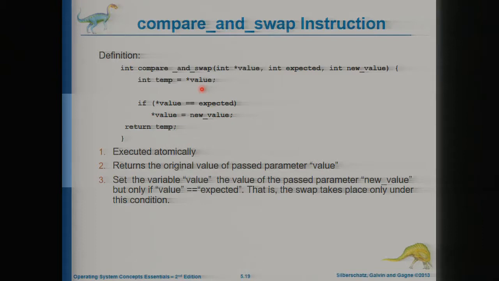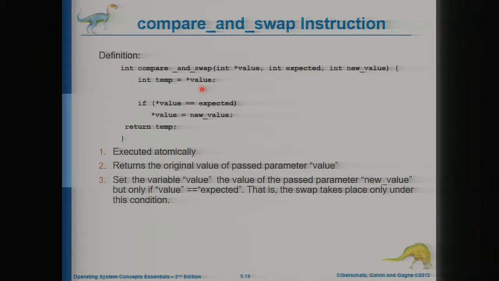So what we are doing: we are expecting that the lock should be 0. If the value is actually 0, then both are the same. So we set the value to 1, and then we return temp. We return 0.